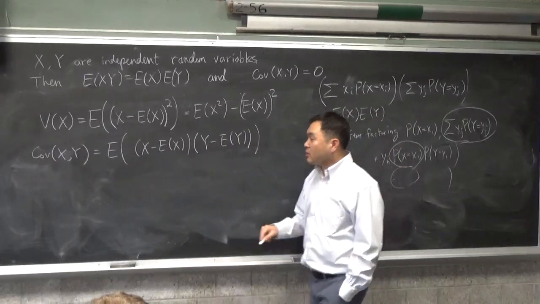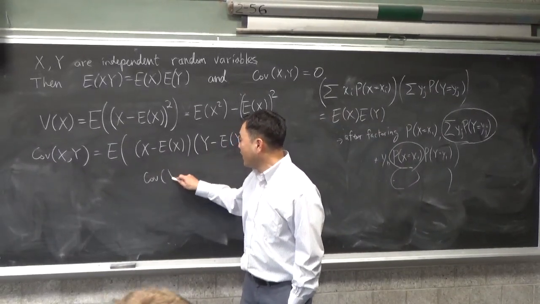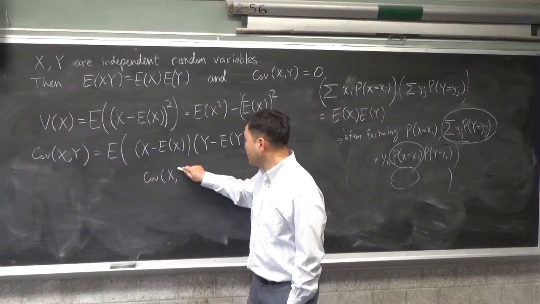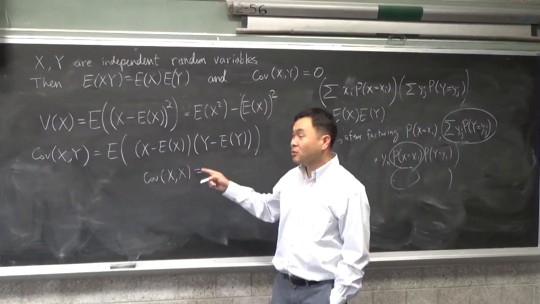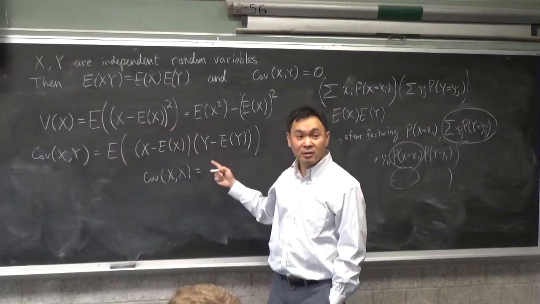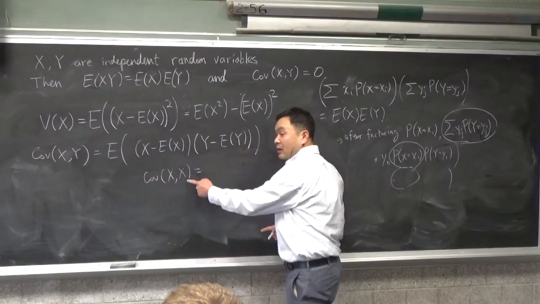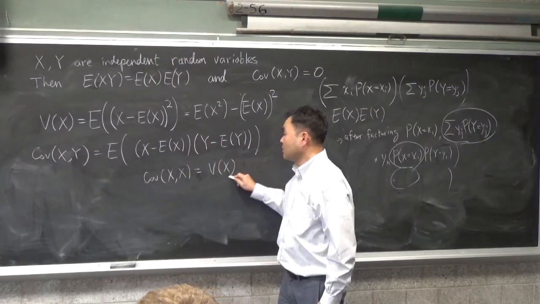And you can see that this definition means that covariance of X, X, if I replace Y by X, you get exactly this, right? Do you agree? If Y is replaced by X, it's exactly the same. So you get the variance of X. Okay?